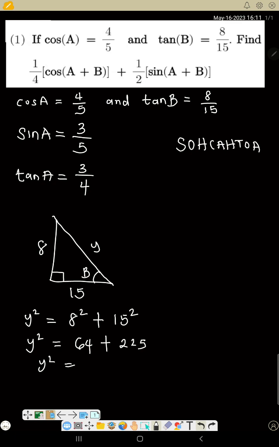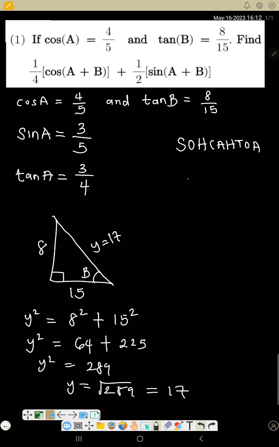So y square is equal to 64 plus 225, that is 289. So y equals square root of 289, which is 17. That means our hypotenuse is 17.